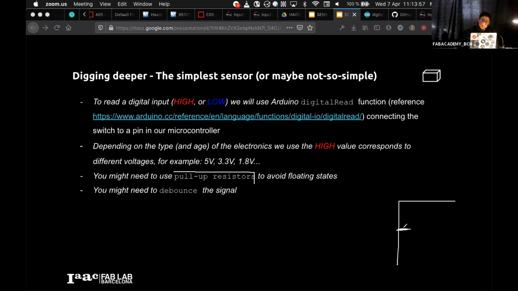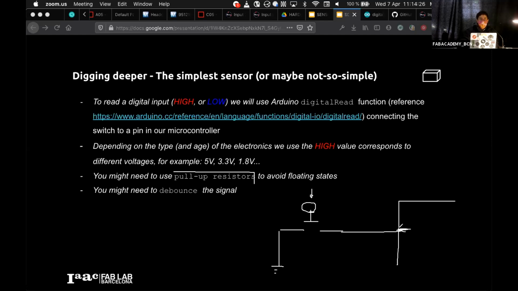So imagine that we have our switch in here, and this is ground. Whenever I press in here, I close this circuit, okay?